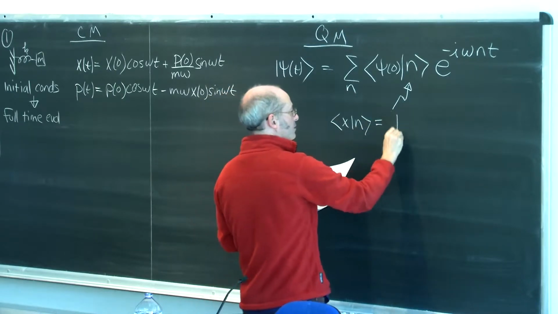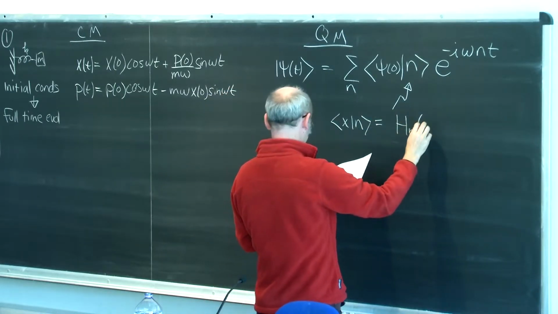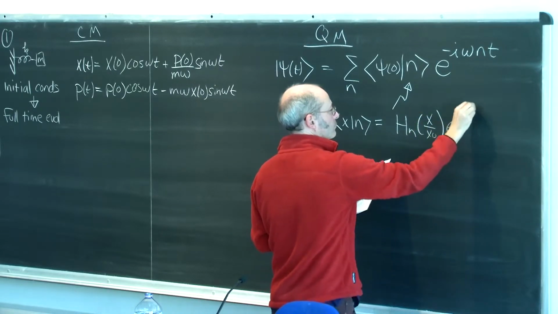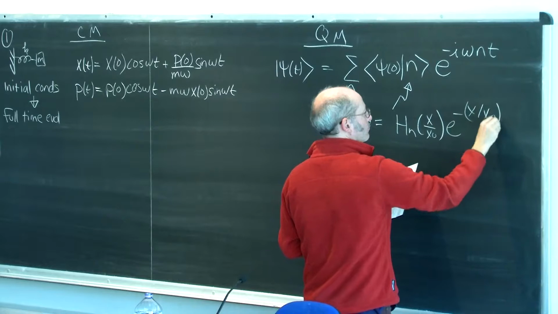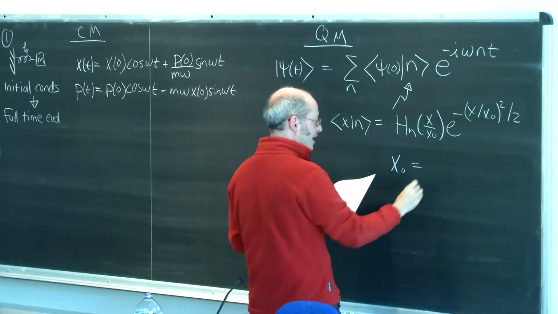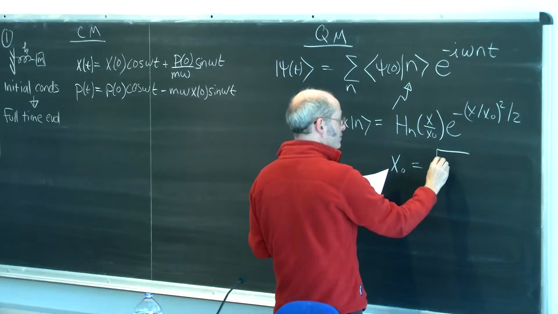They are just Hermite-Gauss polynomials. Where the constant x0 sets the size of the ground state wave function.